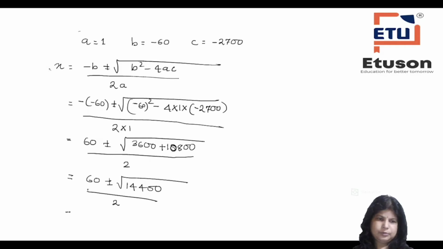Okay, so this becomes 120, right? So you'll get 60 plus or minus 120 divided by 2.